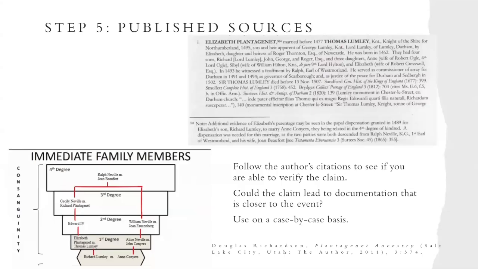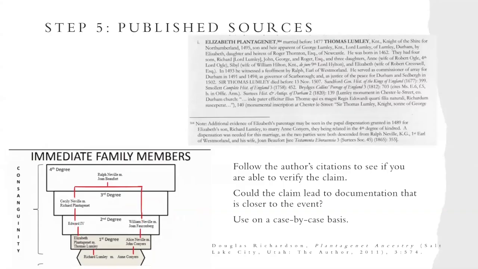And just as an example for step 5, one of the published resources. Generations 1 through 4 did rely on published resources. Overlaying claims from the published sources with other independently created sources was necessary.